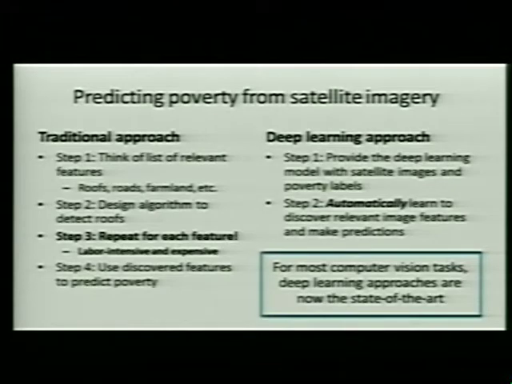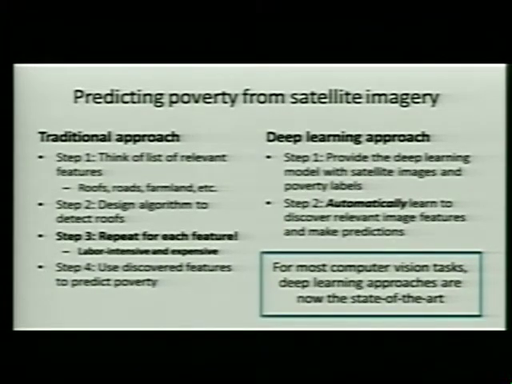So if we go back to the original task of trying to predict poverty from satellite imagery, I want to contrast the two approaches, the traditional one and the new deep learning approach. In the traditional approach, maybe we would talk to a bunch of experts and get them to list out the things that they think affect poverty. Maybe some of these things are roof types, the presence of well-constructed roads, or farmland.